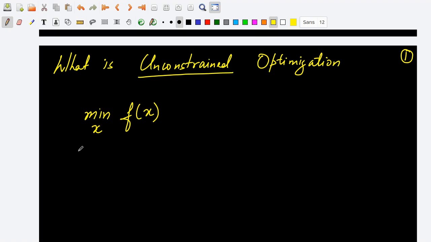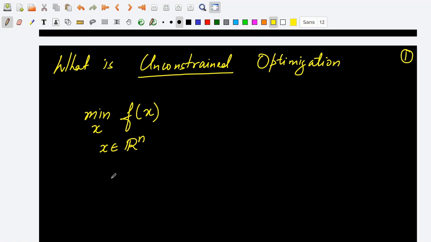Sometimes to emphasize that the problem is unconstrained, we also say that x belongs to Rn, which really means that x can take any value in the Euclidean space of n-dimensional variables. That means consider all possible vectors x of size n.